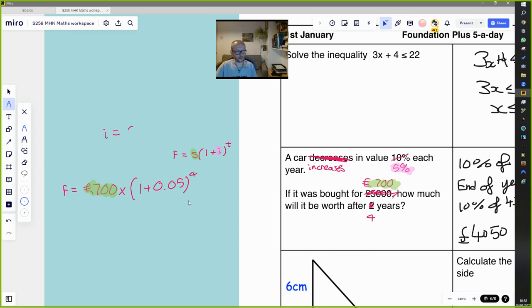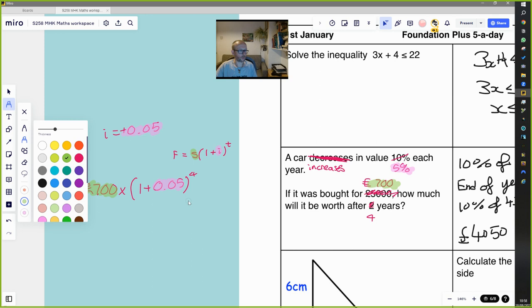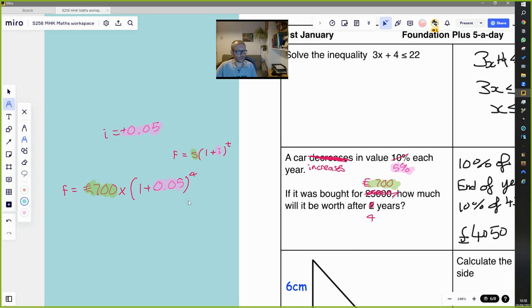I could write a positive 0.05 because that's what 5% is. And I can highlight it there and highlight it there. And then we will do a bit of blue. And that's the amount of time, which is 4 years.